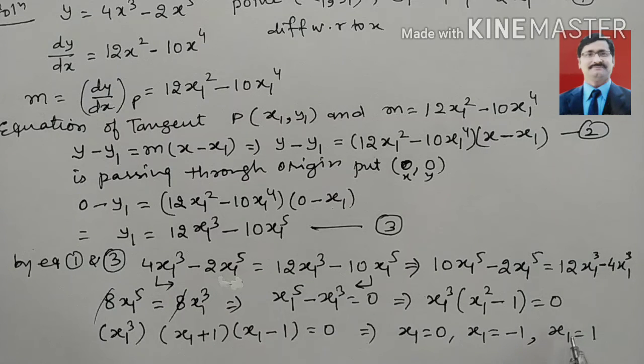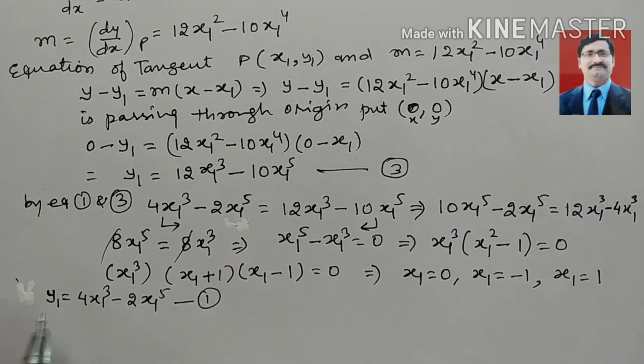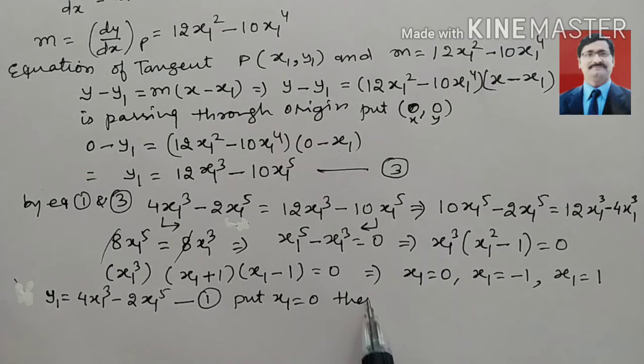These points we will put in the equation of curve. Look here, this is equation 1 and here we first put x1 equal to 0, then we get y1 equal to 0. So first point we get is 0 and 0.